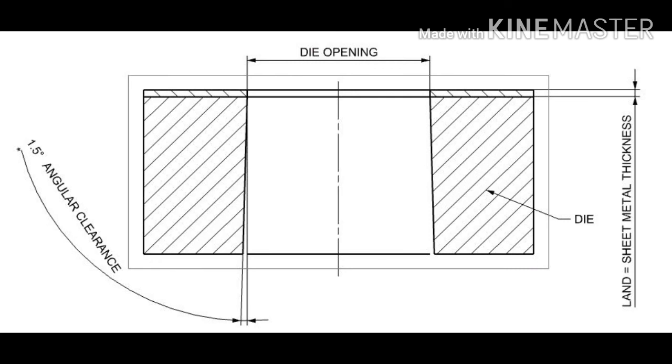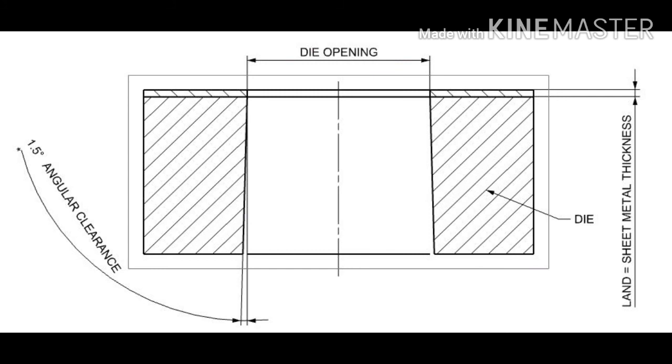Angular clearance. The die wall below the land is relieved at an angle for the purpose of enabling the blank or slug to clear the die. If we do not provide the angular clearance below the land, the material or blank, you can say the slug, becomes jammed inside the die, and there are chances to break the punch or die.